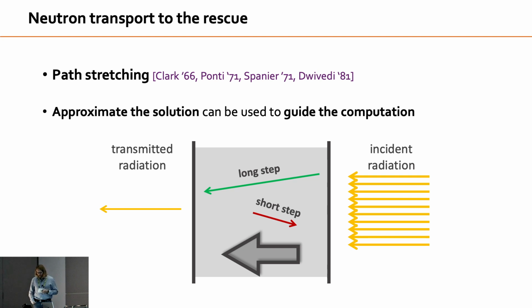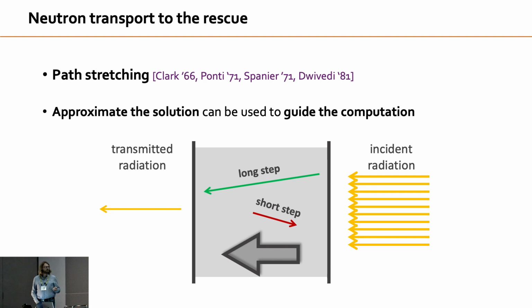And that's why the researchers in nuclear engineering have been thinking about how to change the simulation so that we can actually get more information about the particles that make it through, because we don't really care about any other particles.